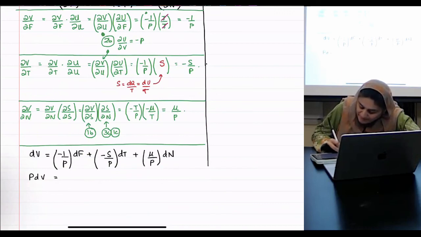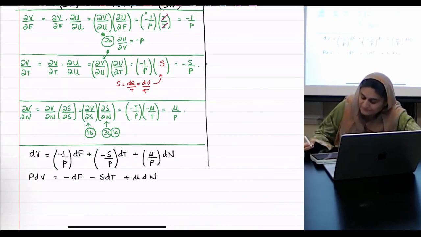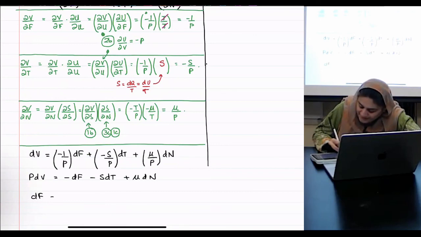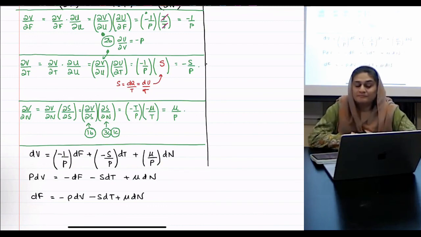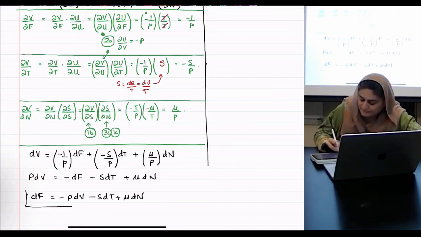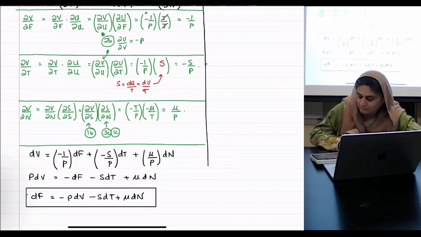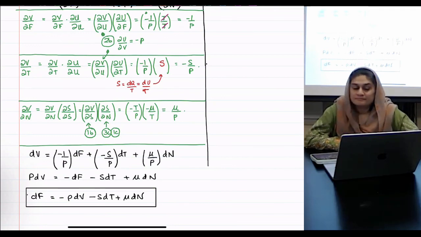P dV equals negative dF, negative S dT plus mu dN. Or dF equals negative P dV, negative S dT plus mu dN. That's the thermodynamic identity.